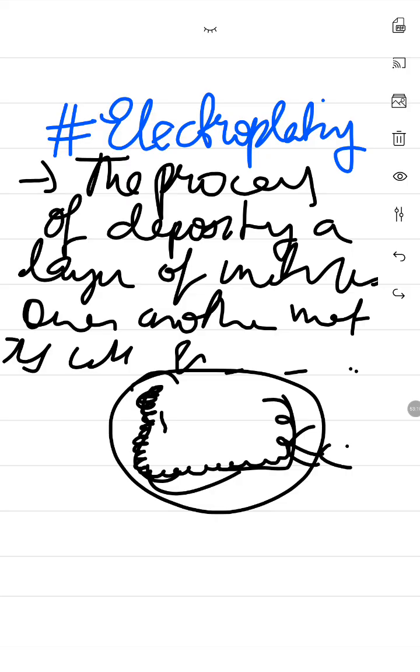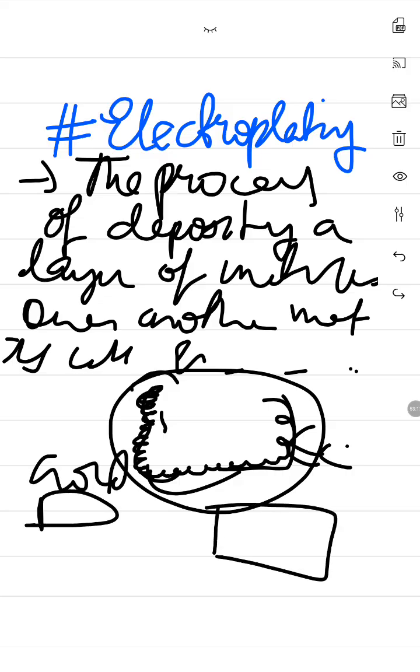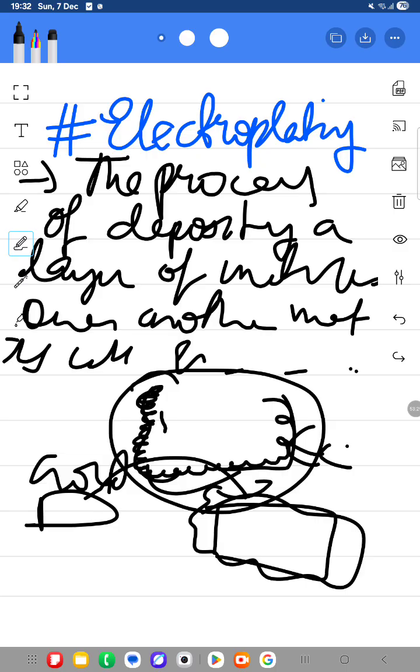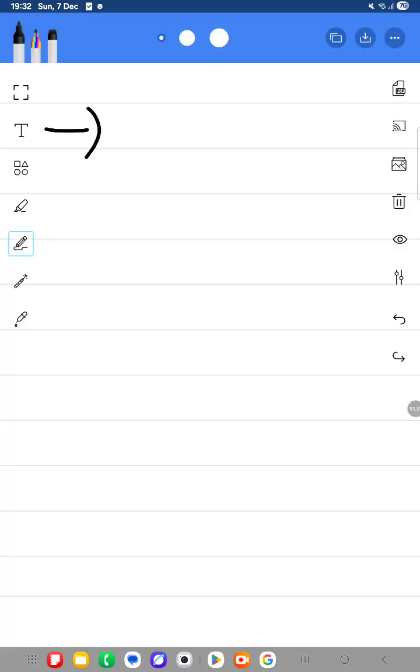We will understand the definition again. The process of depositing a metal over another metal is called electroplating. In marriages you have seen that some of your relatives wear shiny gold jewelry, but they don't have the financial condition to afford that.